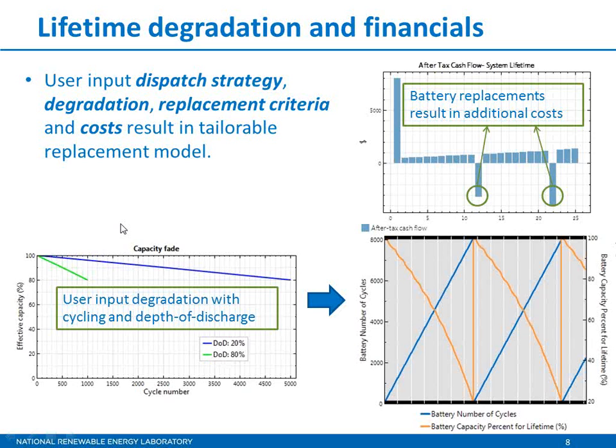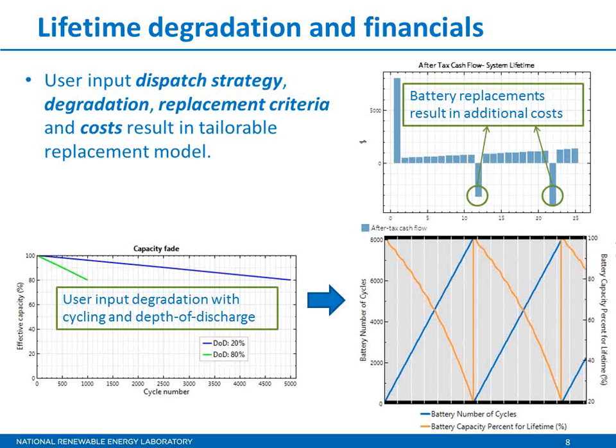And what you enter in order to get this information, you have to enter degradation information about the battery. So as you cycle a battery, depending on the depth of discharge, the number of cycles, and other complex things like the calendar life and temperature, the battery degrades at different rates.